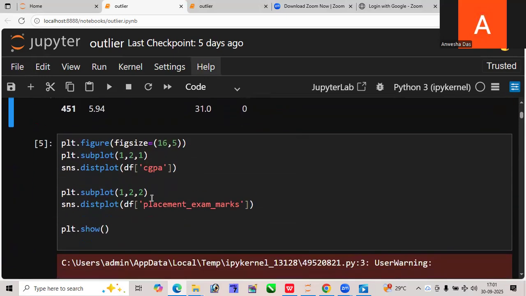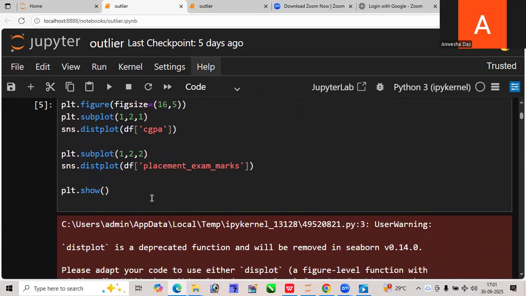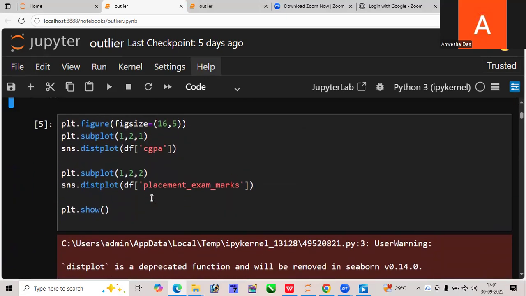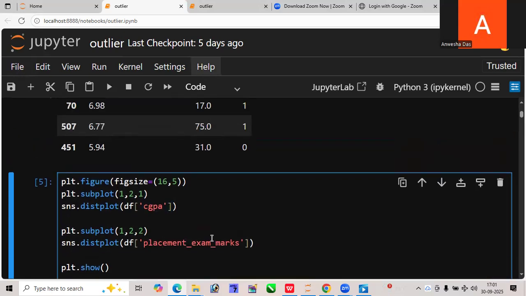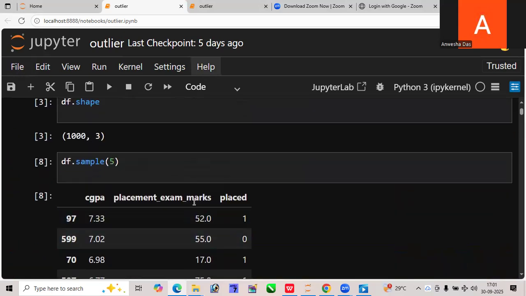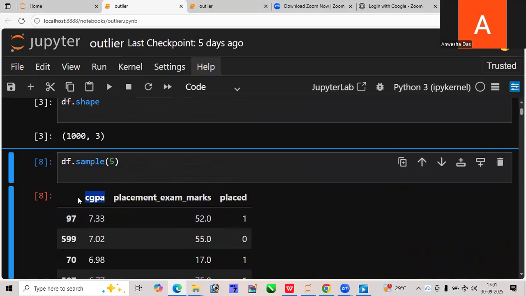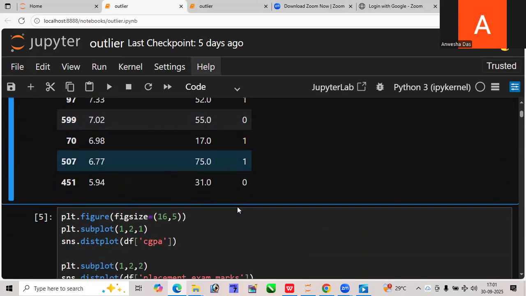Okay, now I want to check the distribution of the CGPA and the placement exam marks. There are 3 columns: one is CGPA, one is placement exam marks, and another one is placed. Based on that, the machine will predict whether the student will be placed or not.